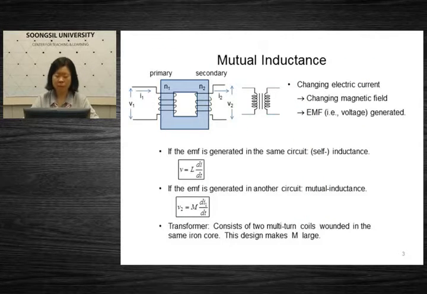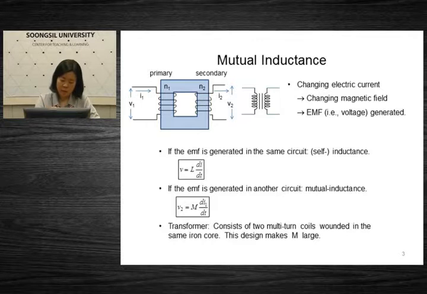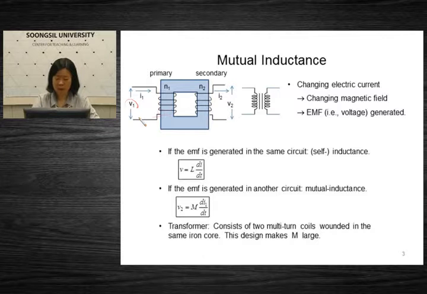Now, let's define what is mutual inductance. V1 is the input. It supplies an AC current to the primary part of the transformer. This changing electric current will create a changing magnetic field too, because we have a coil here.